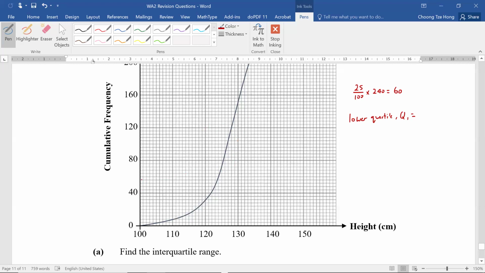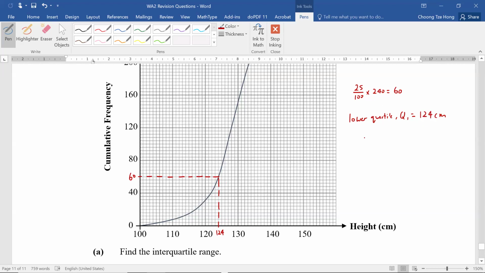So 1, 2, 3, 4, 5. So 60 will be over here. Use your ruler and draw a horizontal line to go across. Then you should be able to find the lower quartile height to be 124. So the lower quartile would be 124 cm.